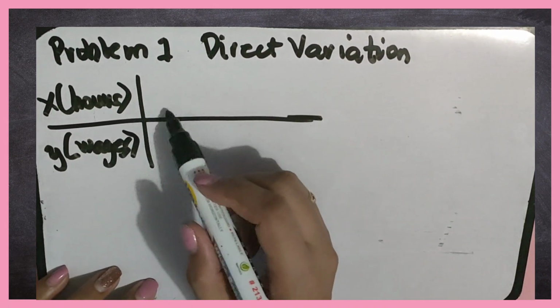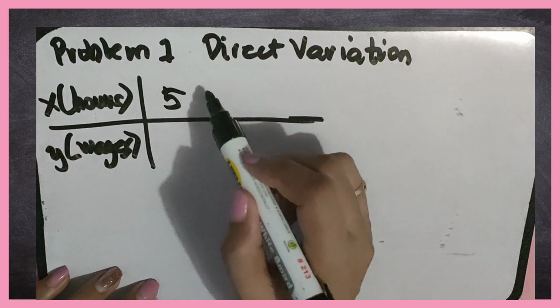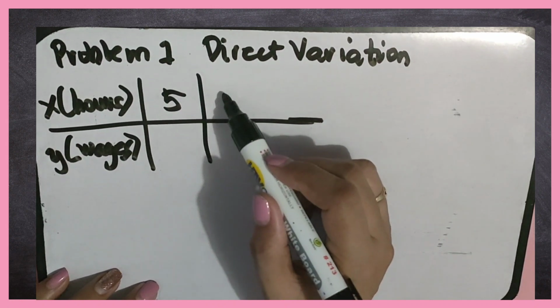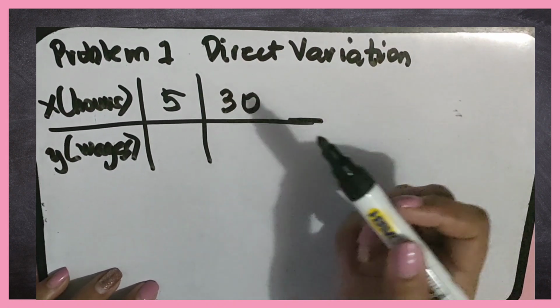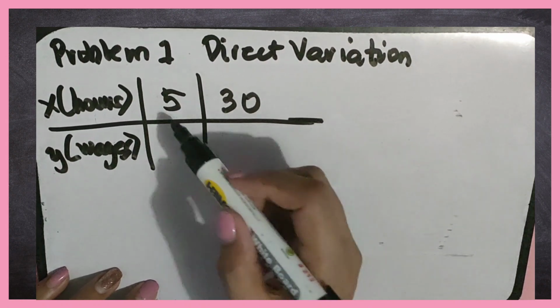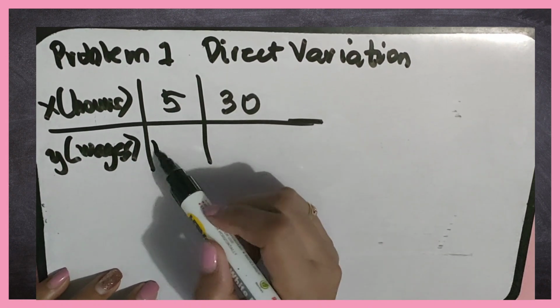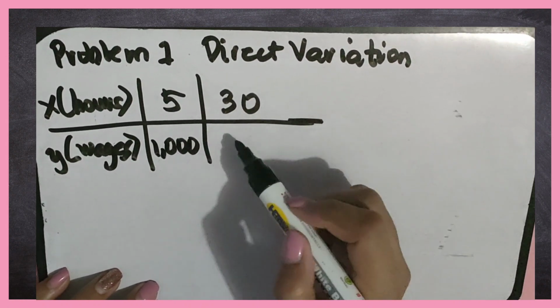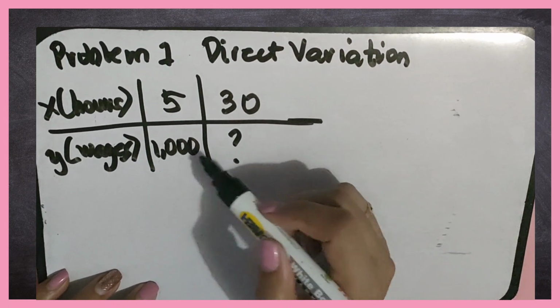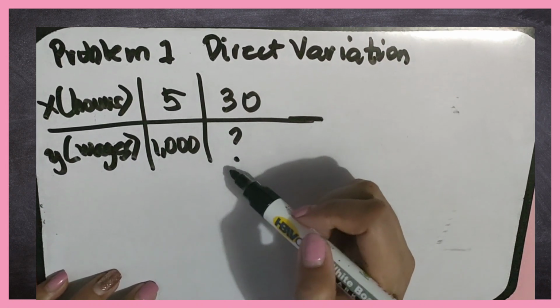Then for hours, we have 5 hours. And then the second one is 30 hours. And then the wages for 5 hours is 1,000. And then this is missing, the wages for 30 hours.